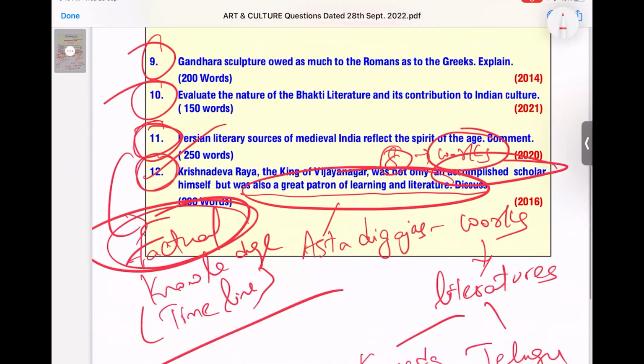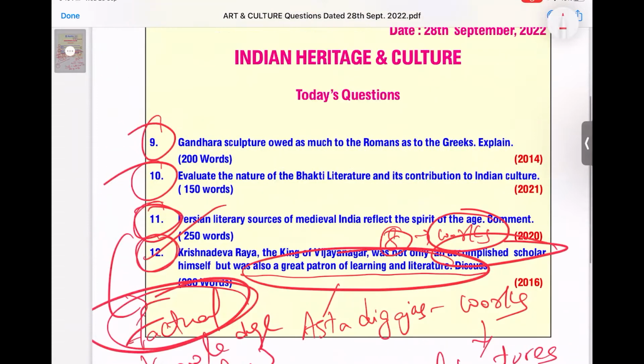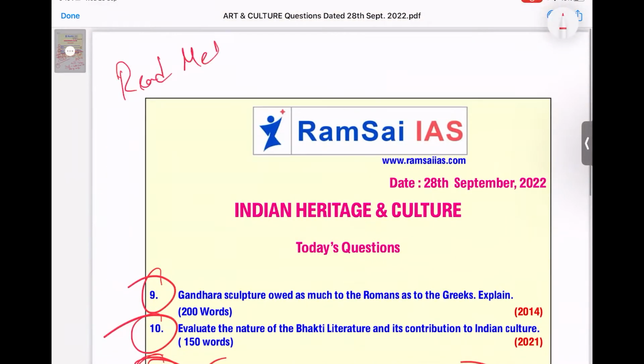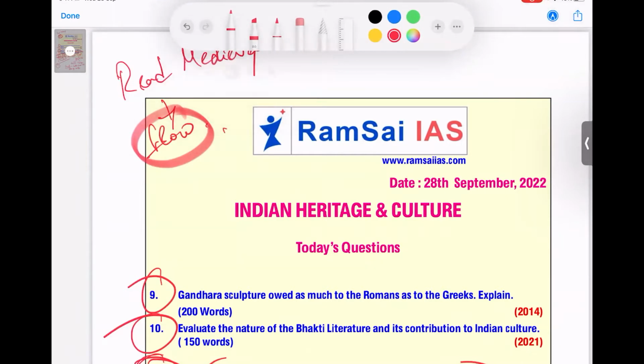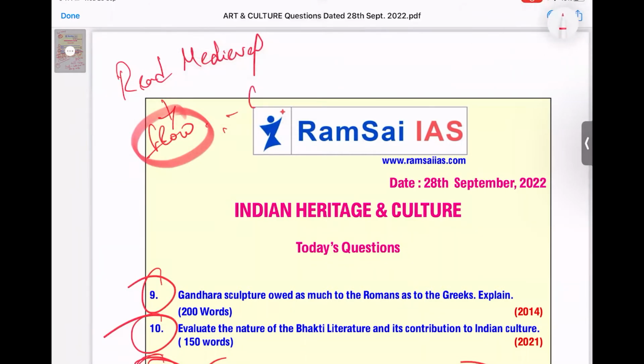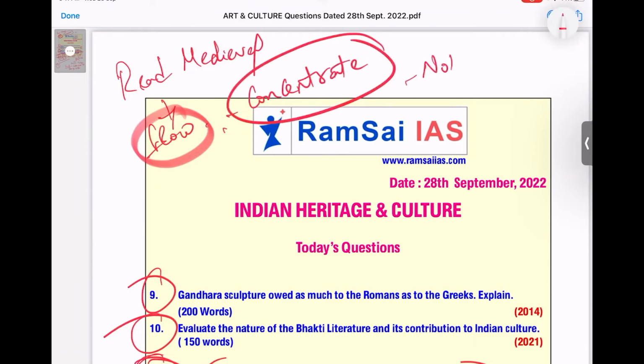Now, when you read medieval history, read it like a flow, and within this flow, whenever you come across such important works, just note down some important works of certain important people.